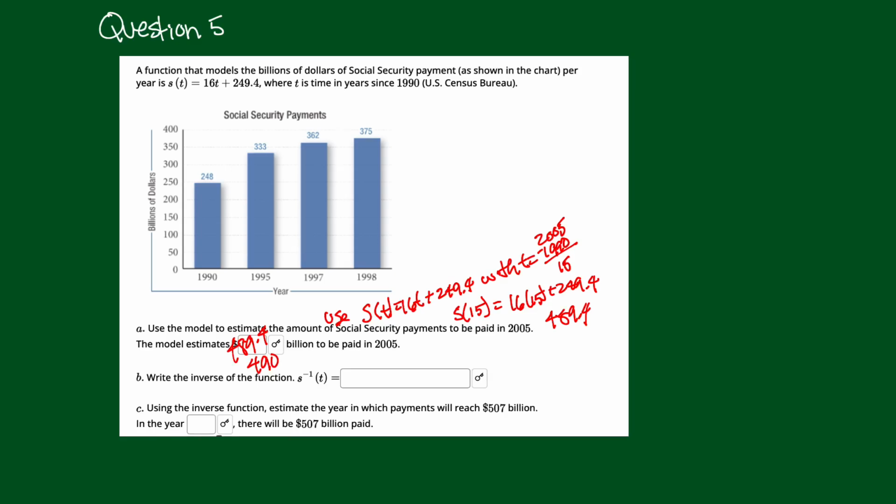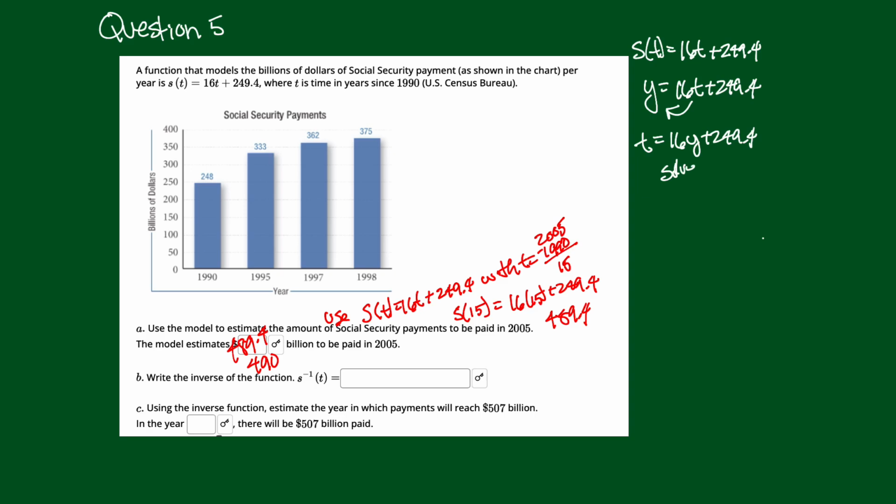Now, part B, let's get the inverse of this function. So here's our function. S of t is equal to 16t plus 249.4. All right, I'm going to replace s of t with y equals 16t plus 249.4. Now interchange the y and the t. We'll get t is equal to 16y plus 249.4.